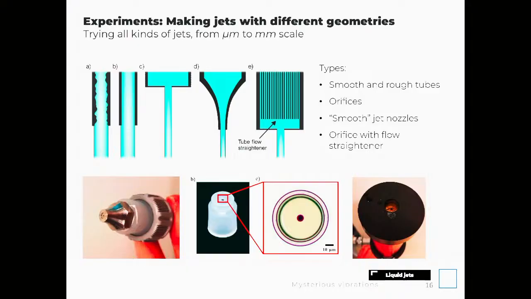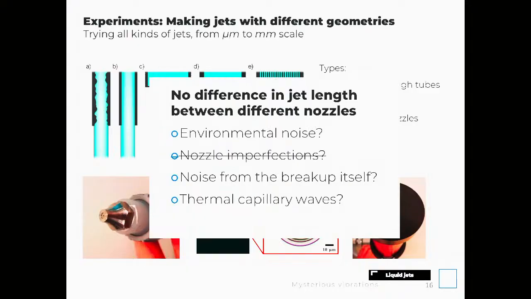We have our microjets from the nanolithography nozzles. And so we did 1 million experiments and we concluded there's no difference between the different jets. Yeah, so rough nozzles give the exact same jet length as smooth nozzles, provided the diameter is the same.